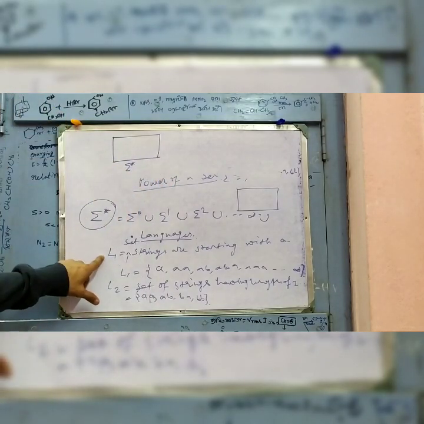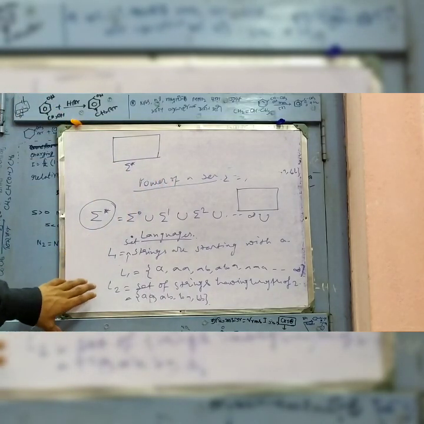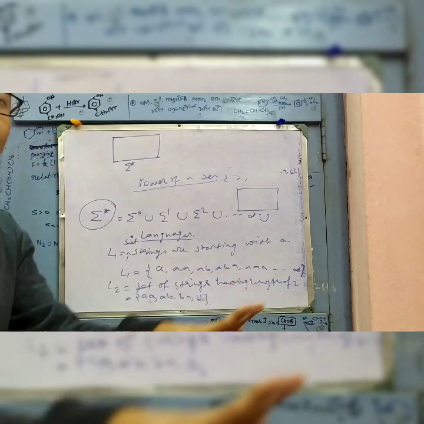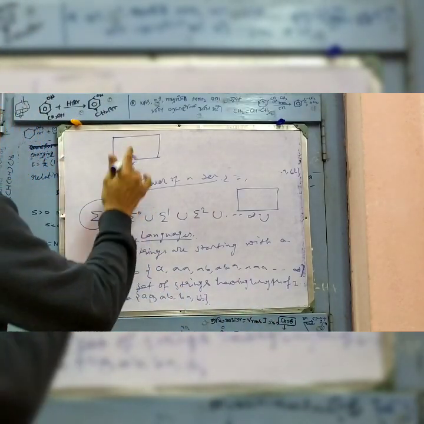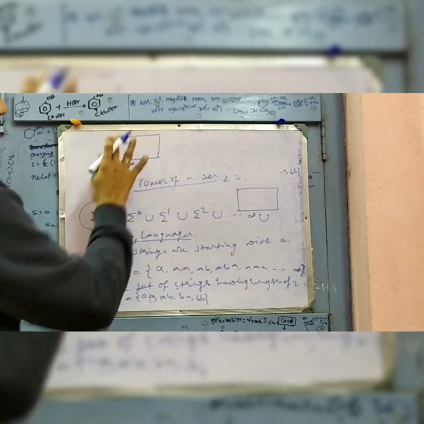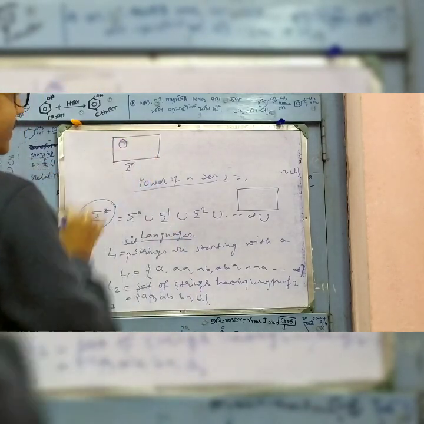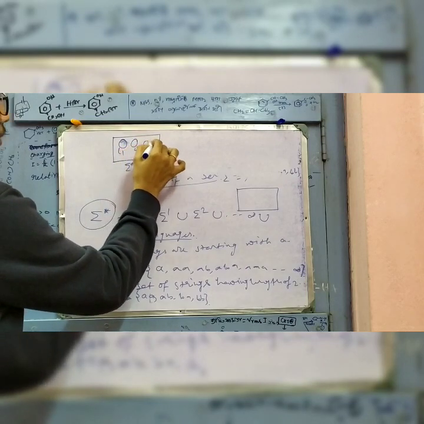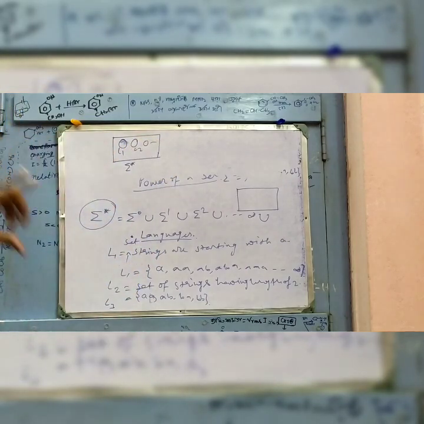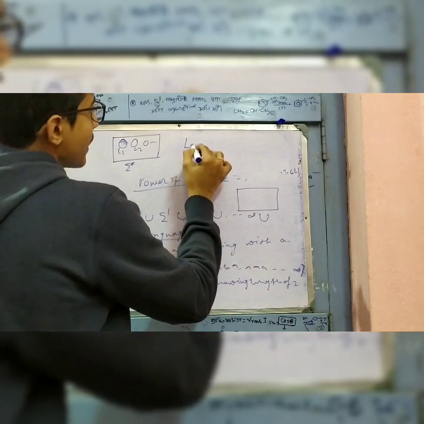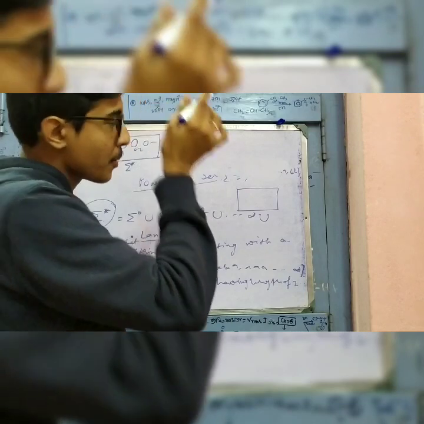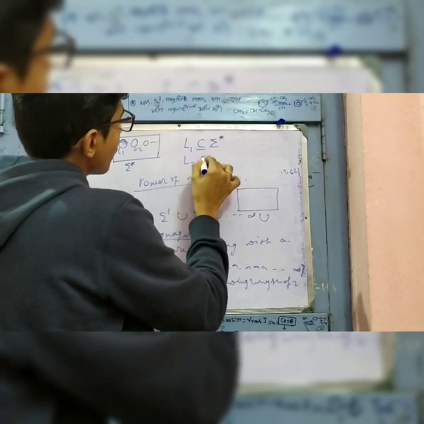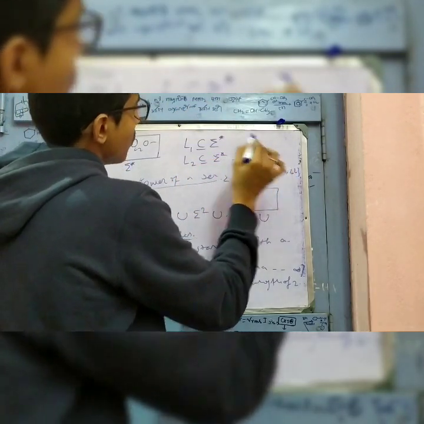In this sigma star, we have the language L1, the language L2, and you can also make many languages like L3, L4, L5, Ln up to L infinity. All languages are part of this sigma star. Let's take L1 as a set, then L2, L3, and so on. These are subsets of the universal set, so you can say each is a subset of sigma star.